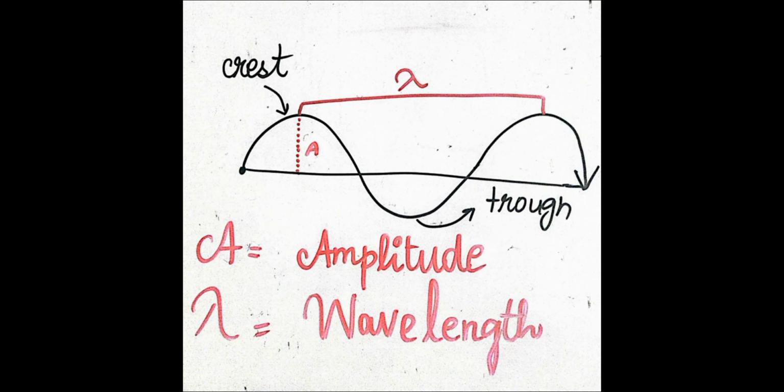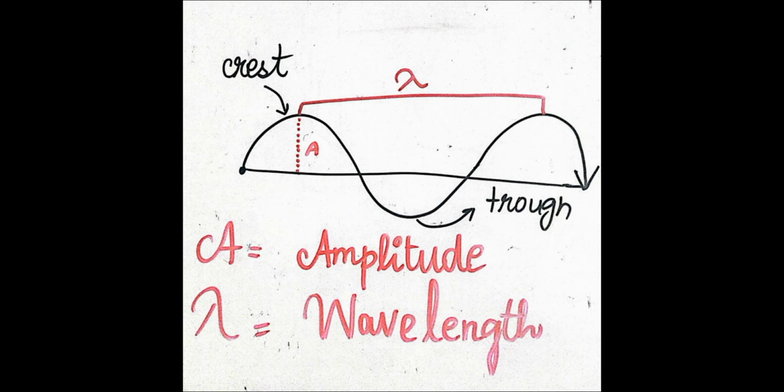Over here you can see this is a normal wave. From this point to the origin or the crest, we say it is an amplitude, right? This is an amplitude. And from the crest of one wave to the crest of another wave, it is the wavelength, right? So it is the length of the wave.